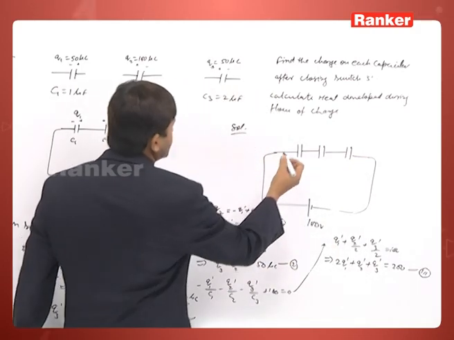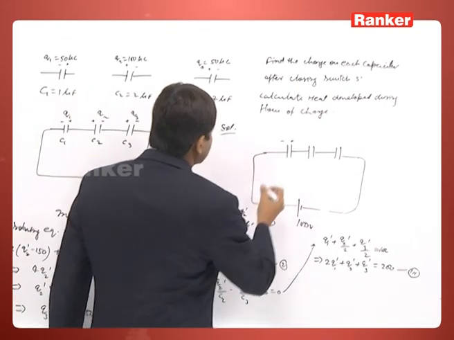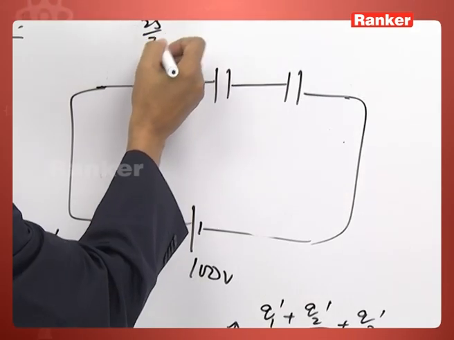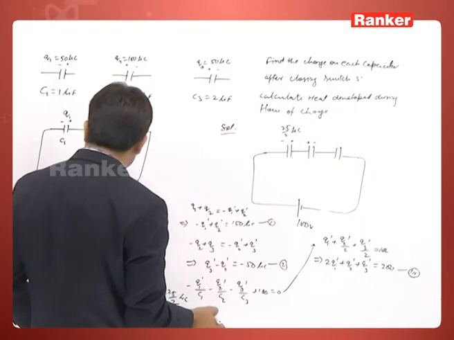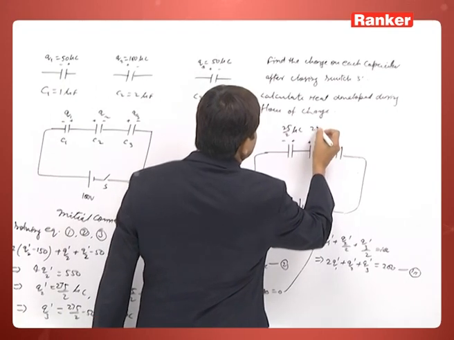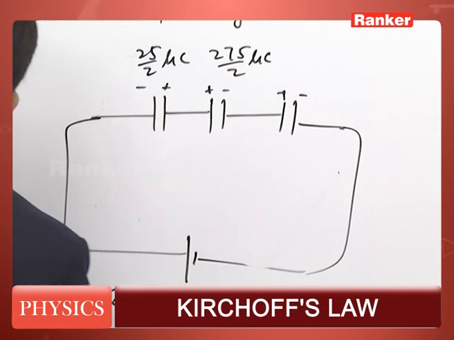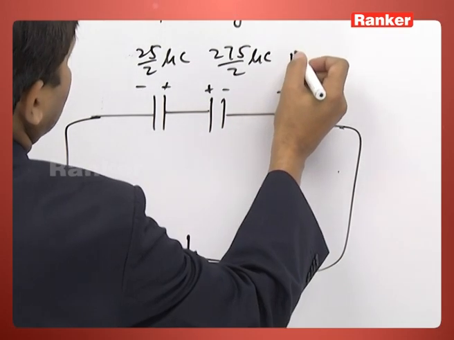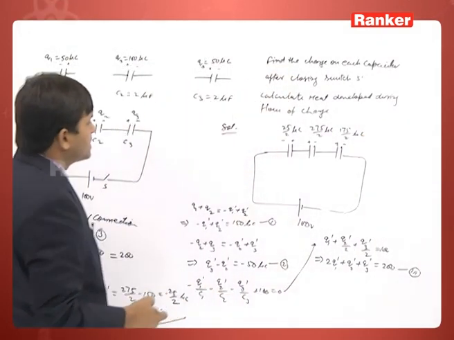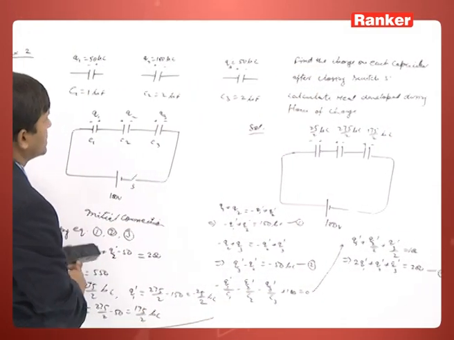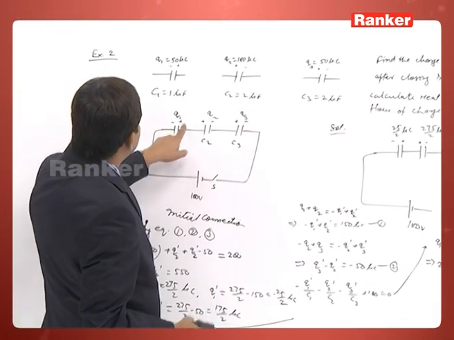Final distribution of charge: this is minus plus 25 by 2, and this is plus minus Q2 dash, 275 by 2, and this is plus minus 175 by 2 microcoulomb. This is the final distribution of charge, and this we can verify also.